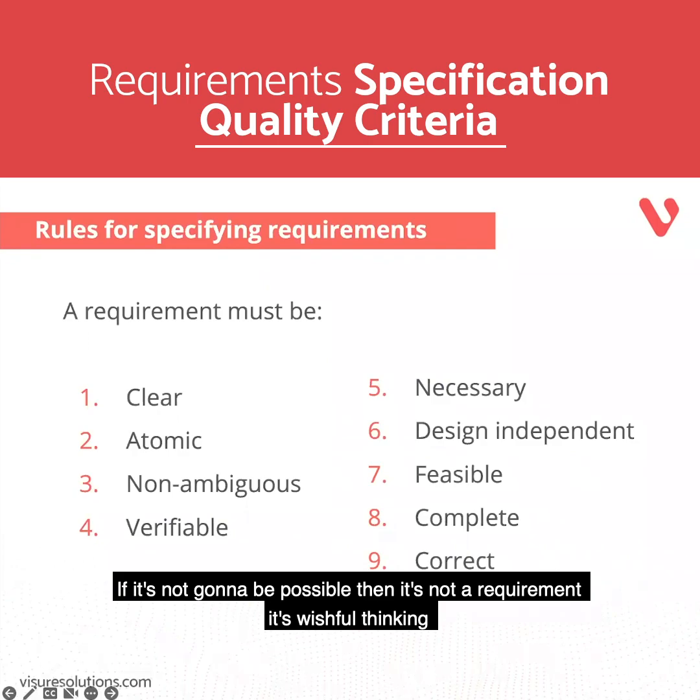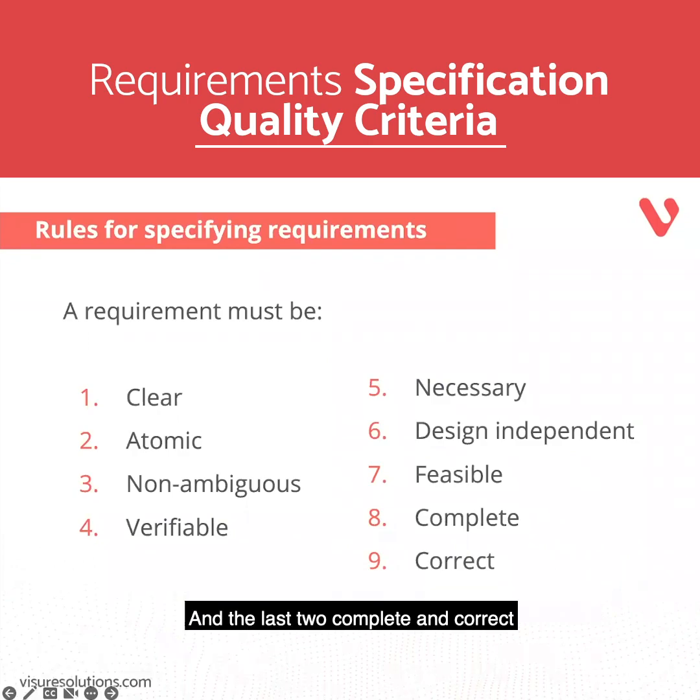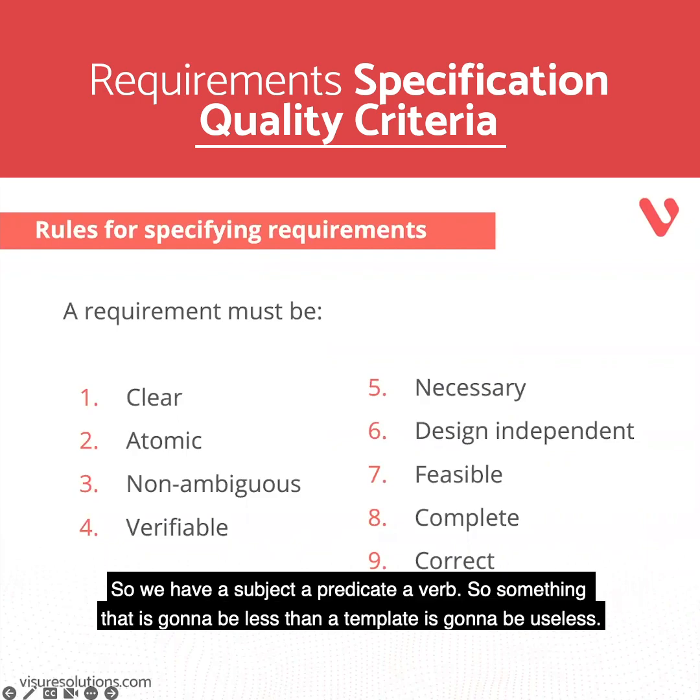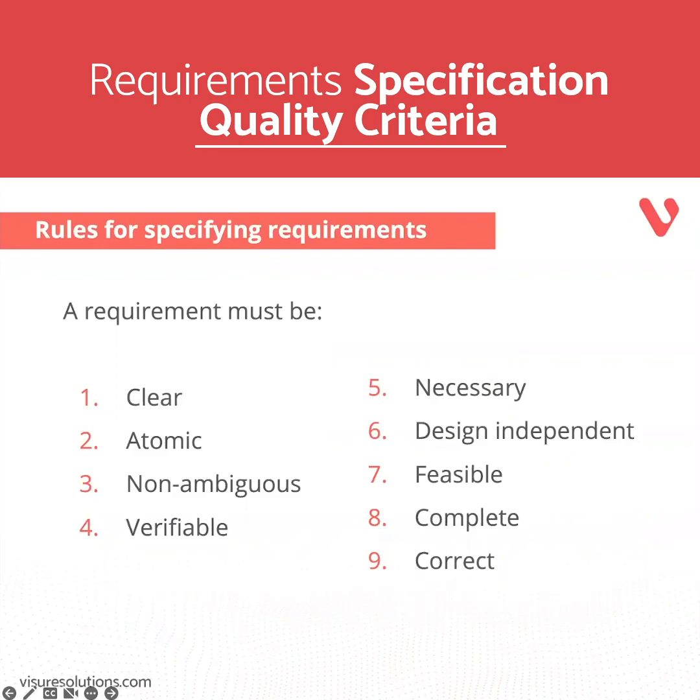It's wishful thinking. And the last two, complete and correct. Complete means that the requirement follows a template completely. So we have a subject, a predicate, a verb. So something that is less than a template is going to be useless.